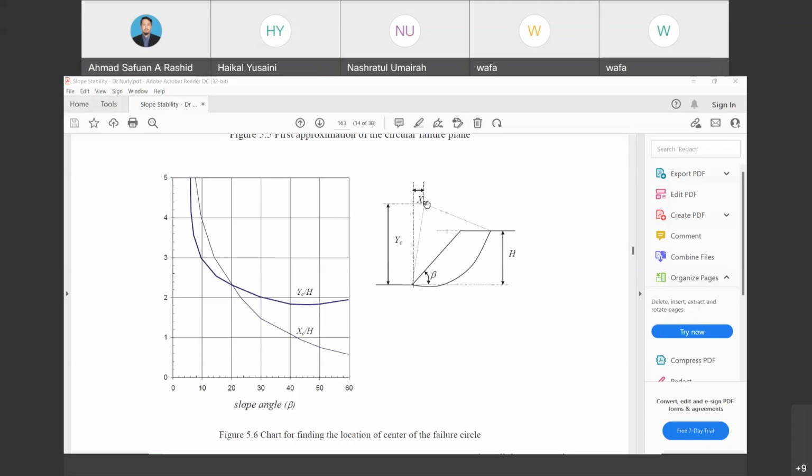By using a compass, we draw the rupture failure line. So that is the second method. I guess the second method is much easier compared to the first type.